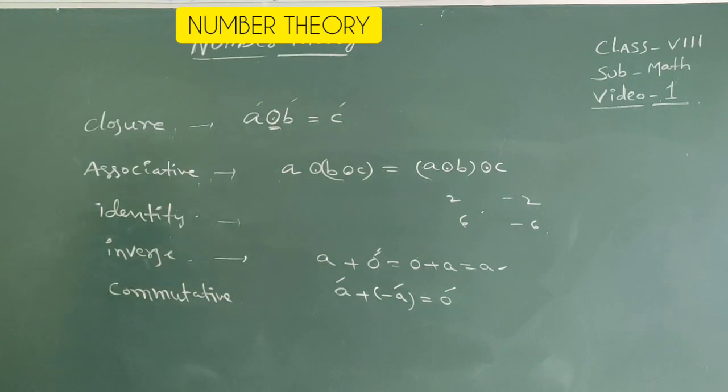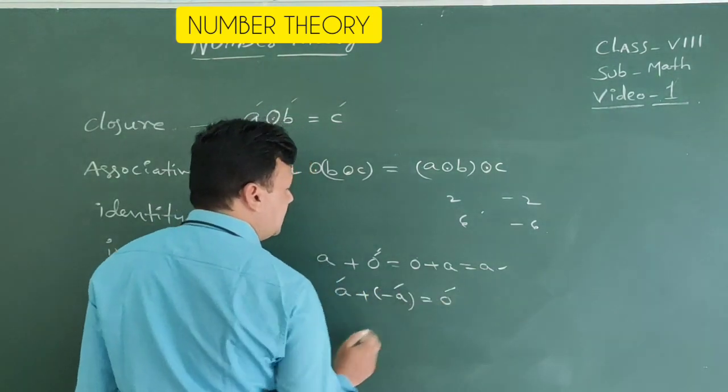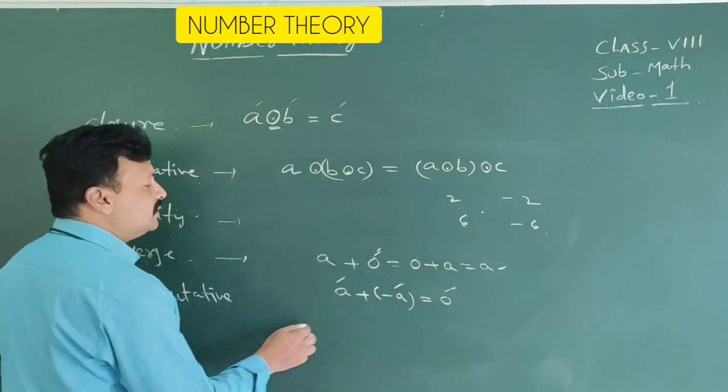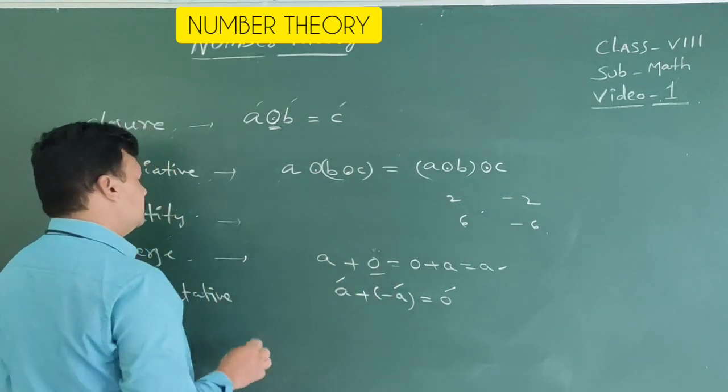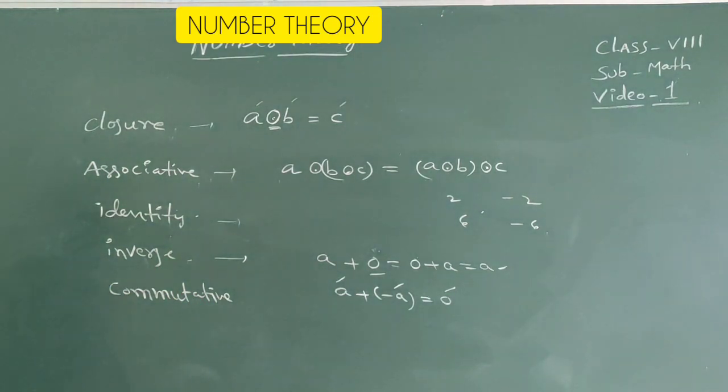For example, A plus 0 equals 0 plus A equals A. For natural numbers, there is no existence of 0. That's why it doesn't satisfy identity. That means 0 is not present in natural numbers. In the case of whole numbers, integers and rational numbers, 0 is present.